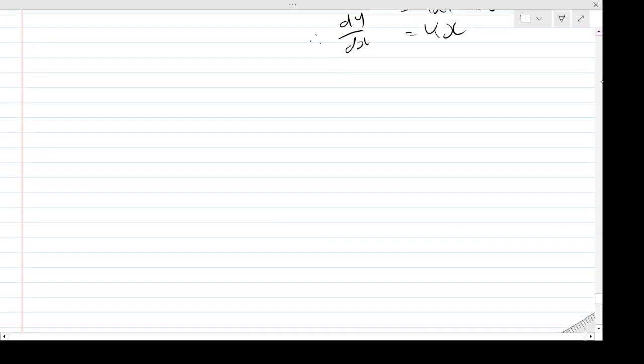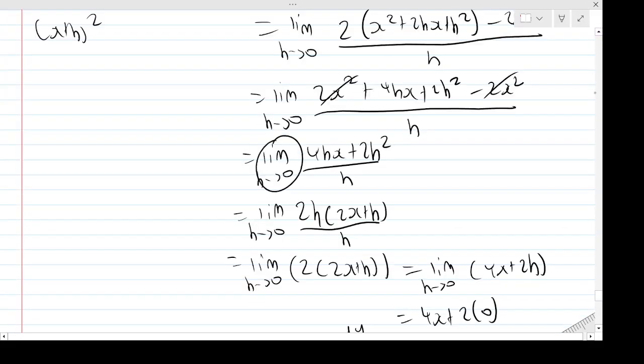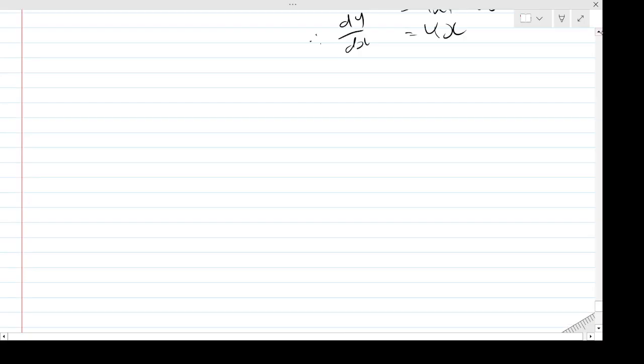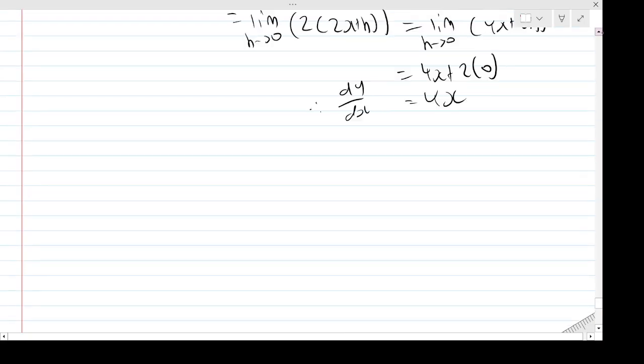And just a final note about this h tends to 0 business. As you can see, at the end step, we effectively see what happens when h is 0. That's the whole idea. When h is pushed to 0, we see what the expression is, and that's my gradient.